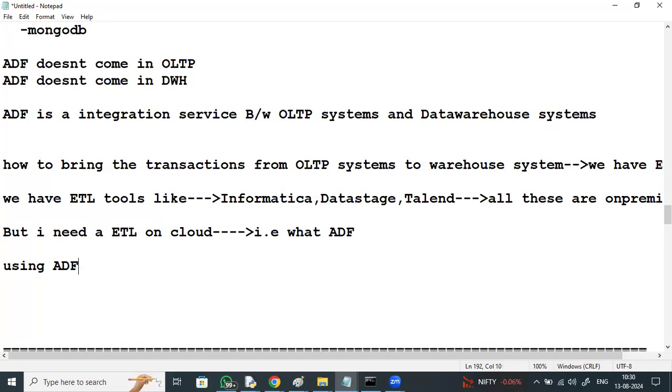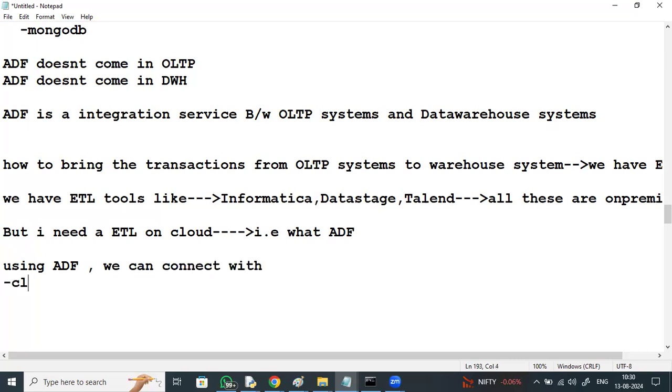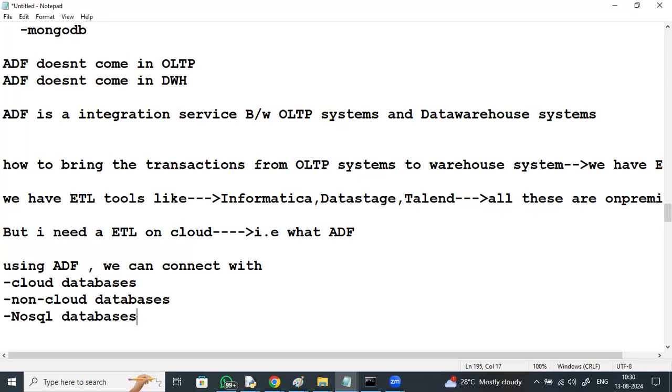Using ADF, we can connect with cloud databases, non-cloud databases, and NoSQL databases.